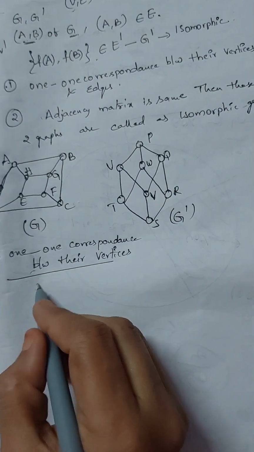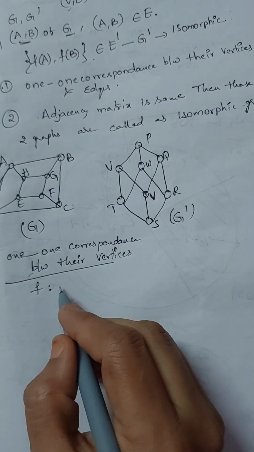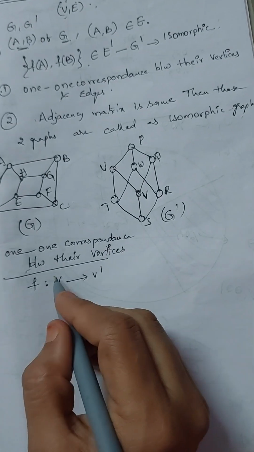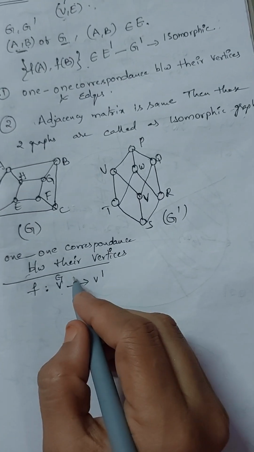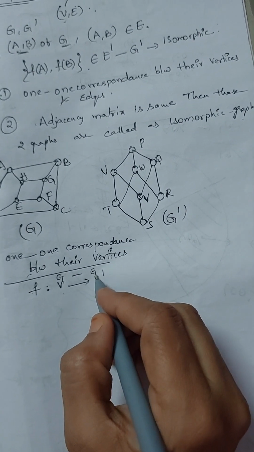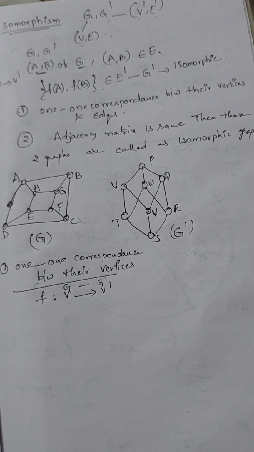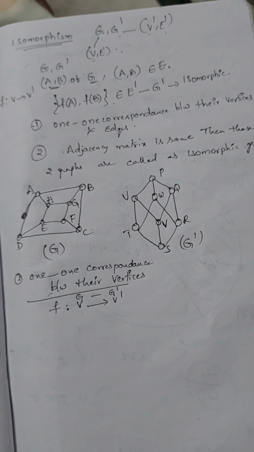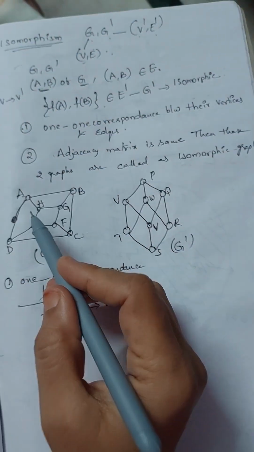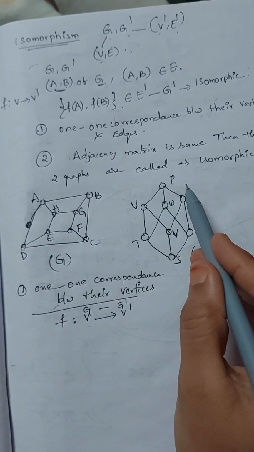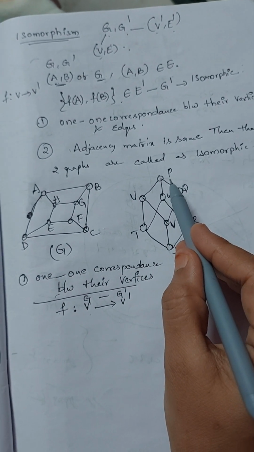How is it possible? There is a function from V to V dash, so a vertex of the original graph G is mapped to a vertex of the second graph G dash. We have to map like that. Here I am taking the first vertex A, mapping it with P in the second graph.